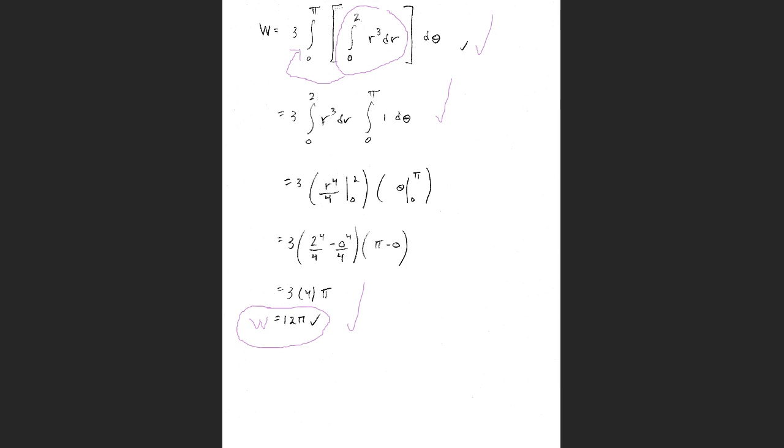That's right, Charles. It would be negative 12 pi. So in these problems, sometimes they'll say there's negative orientation, and it's important.